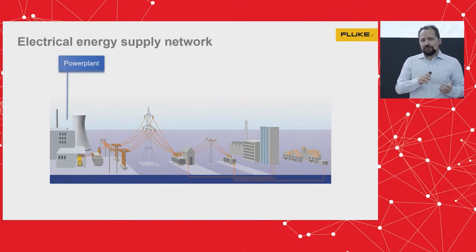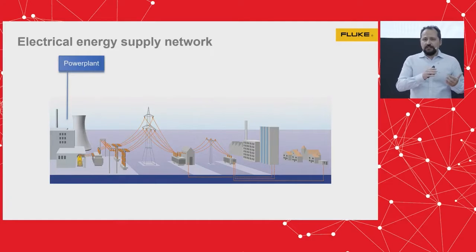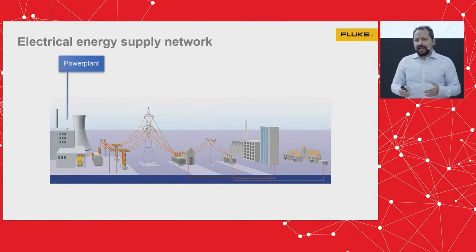In order to do that, utilities and power supply companies, to reduce transmission costs and at the same time reduce energy losses, first increase the voltage of the signal to over 100 kilovolts, so that we can transport that energy minimizing energy losses, with thinner cables and minimizing costs as well.